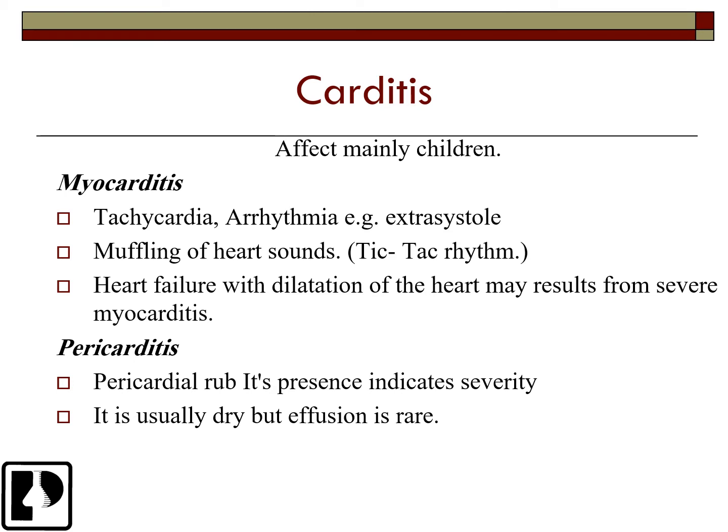Pericardial rub occurs due to friction between the two layers of the pericardium, and its presence means the severity of the disease is high. It's usually dry, so the friction makes the sound, but effusion is rare.